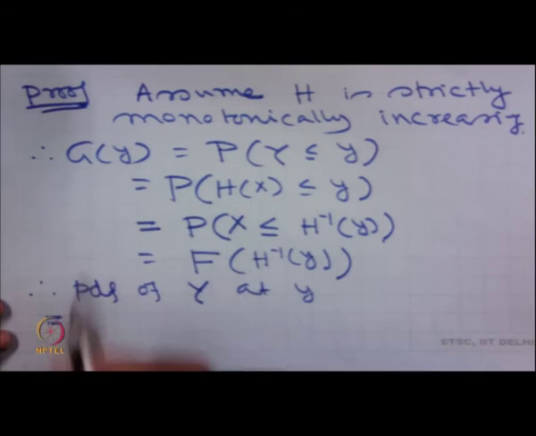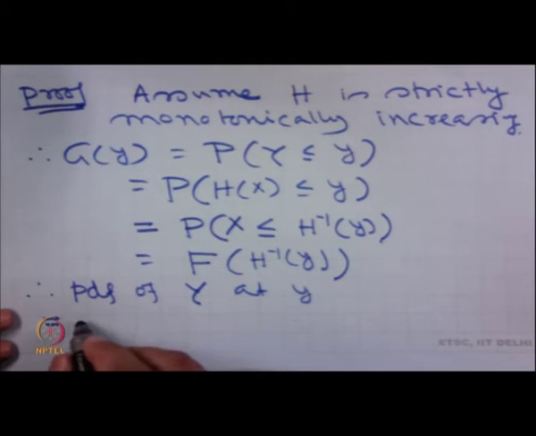We get it by differentiating the cumulative distribution function.